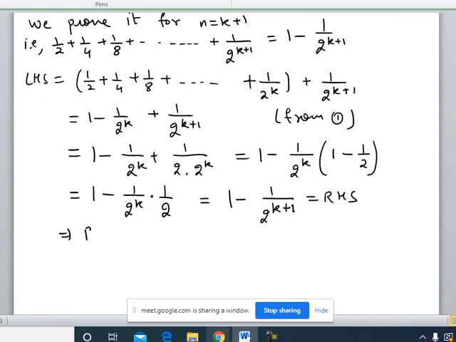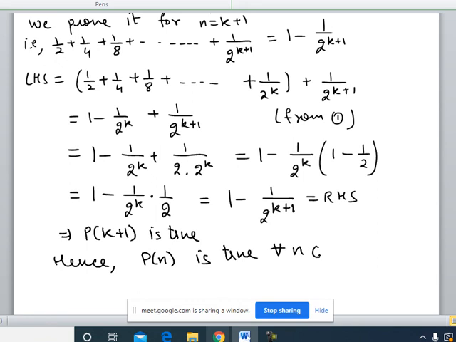So this implies P(k+1) is true. Hence, P(n), that means our statement, is true for all n belonging to capital N. Okay. So these were 4 examples we could do where we verified them using PMI.